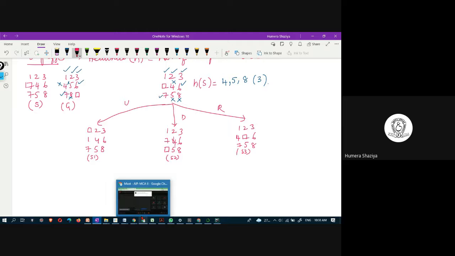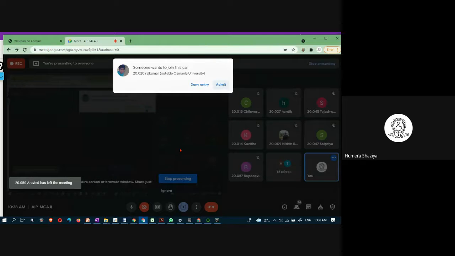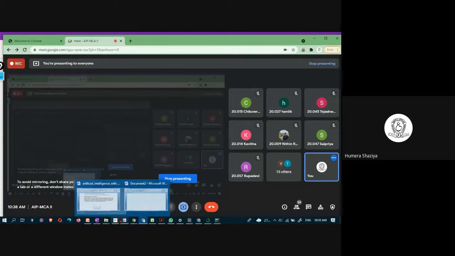Anyone, please tell me the heuristic values for the three successors.